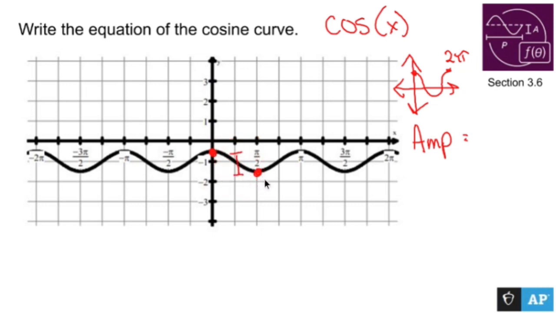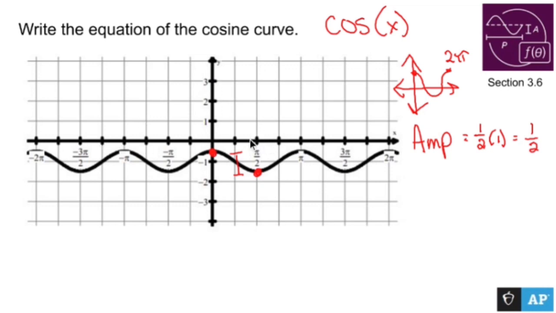Does that mean my amplitude is 1? No. My amplitude is going to be half of that. So half of 1, let me get out my calculator, is a half. So that's going to be my amplitude. That's thing number 1 that I need to focus on.